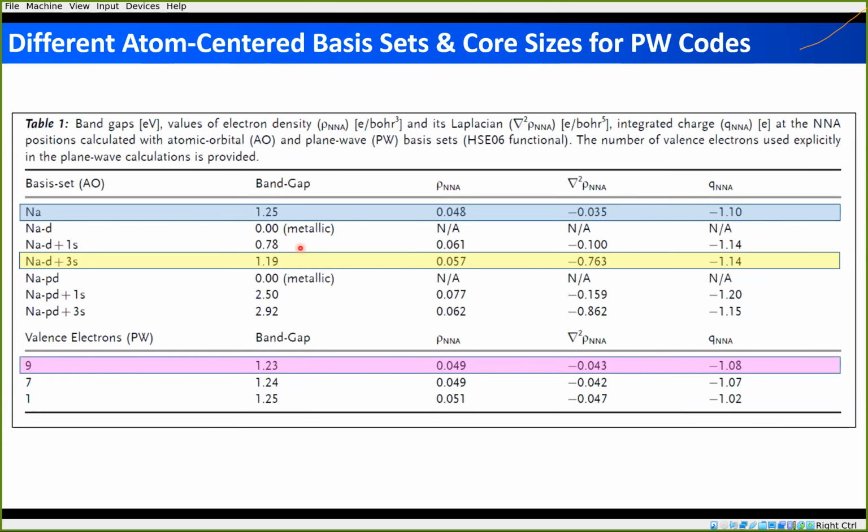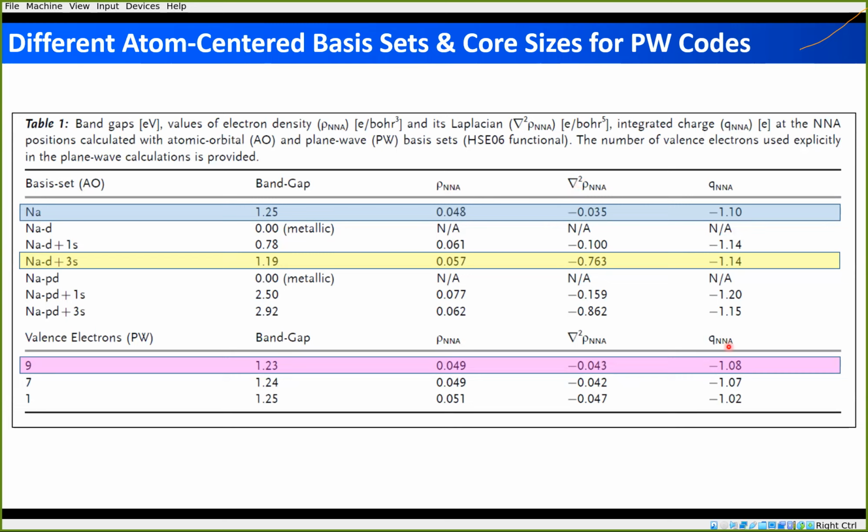Okay, so we've made this optimized basis that we call sodium right here. And we can calculate a number of different quantities with this basis, including the band gap, the density at the non-nuclear attractor site, the Laplacian of the density, and the integrated charge.